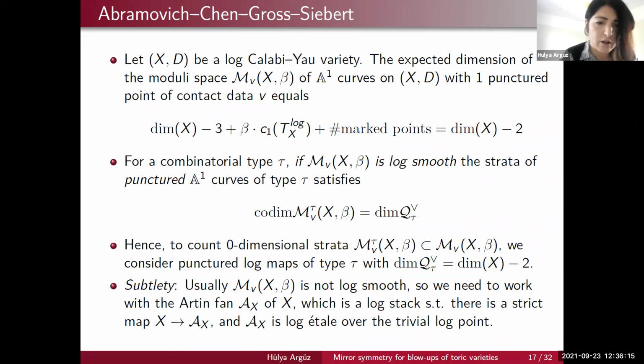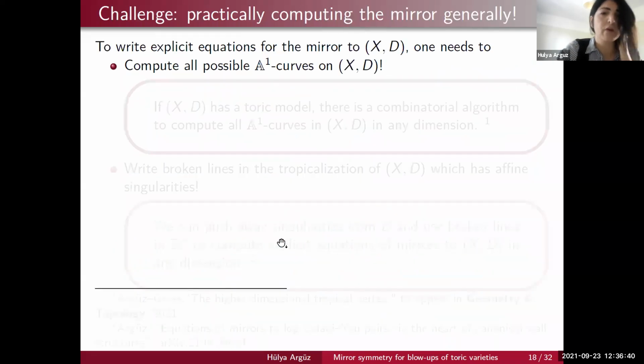You can always define a virtual class if you look at the curves mapping to the Artin stack, and then you show that your moduli space has a nice two-term perfect obstruction theory relative to the moduli space of curves to the Artin stack, and then you just take some virtual pullback. Okay, so there is a very technical framework to define such invariants that's done by Abramovich, Chen, Gross, and Siebert.